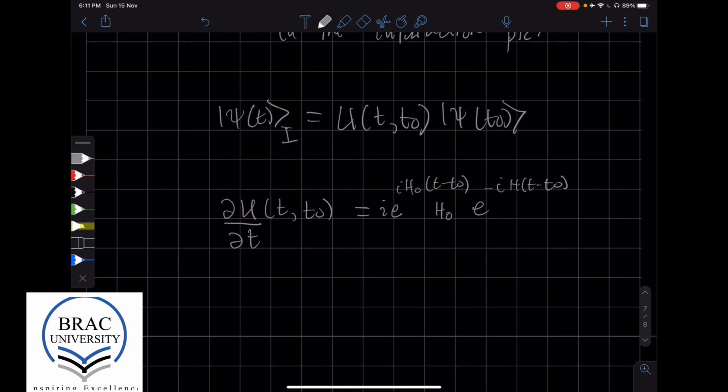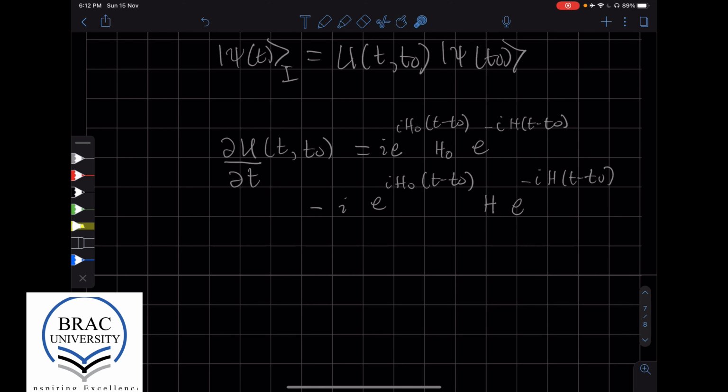And then I will get another term, which is minus i e to the power i H0 (t minus t0) times H, and then e to the power minus i H (t minus t0). Note that the factors are the same, and there's a minus sign relative in the two terms.